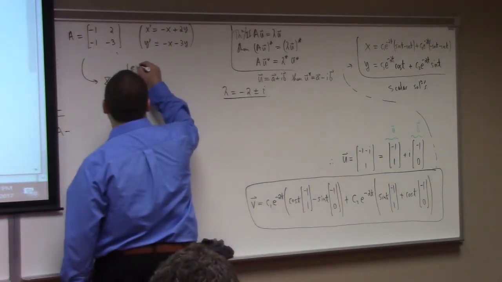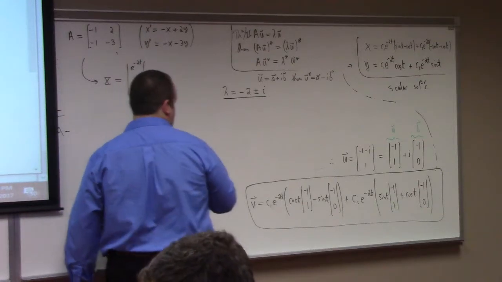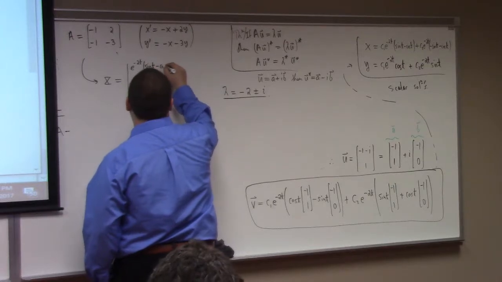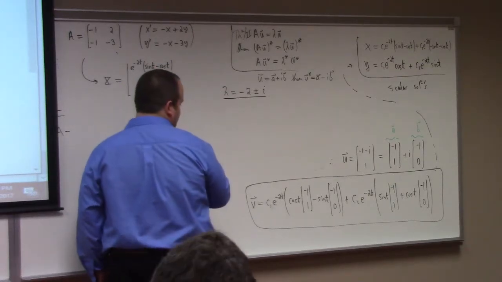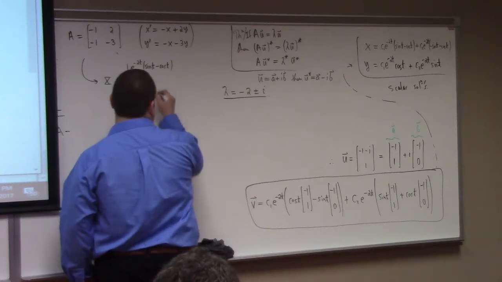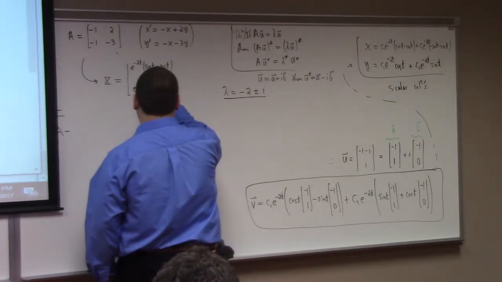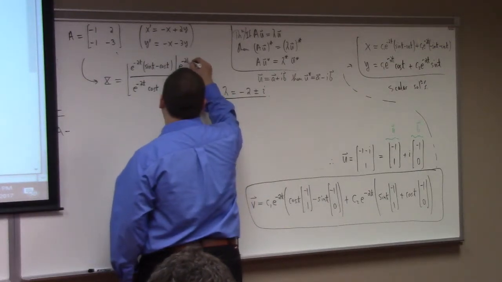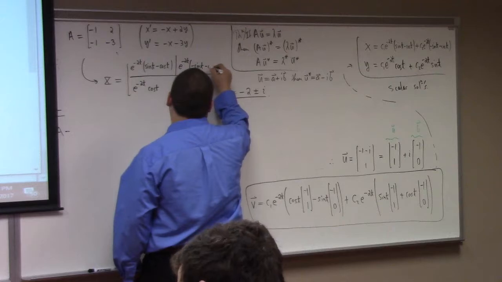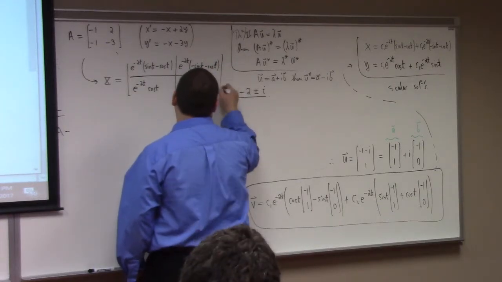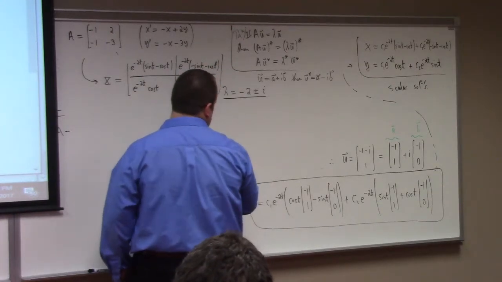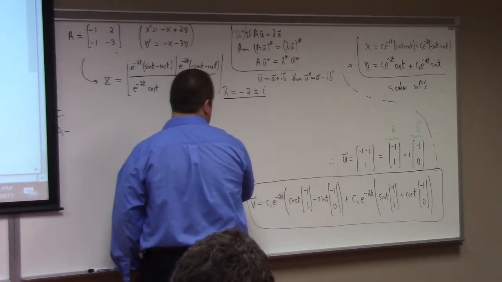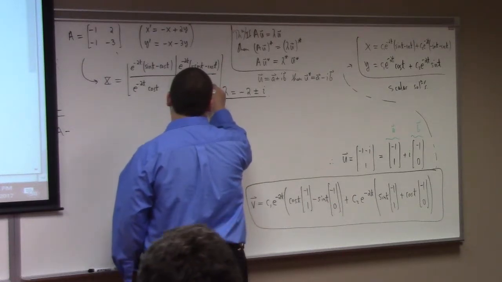E to the minus 2t sine t minus cosine t. Oh man, I wish I hadn't started writing this. It's too late though. E to the minus 2t cosine t, e to the minus 2t minus sine t minus cosine t. E to the minus 2t. I should have factored that stupid e to the minus 2t out front, you know? It's everywhere. We could have factored it out.